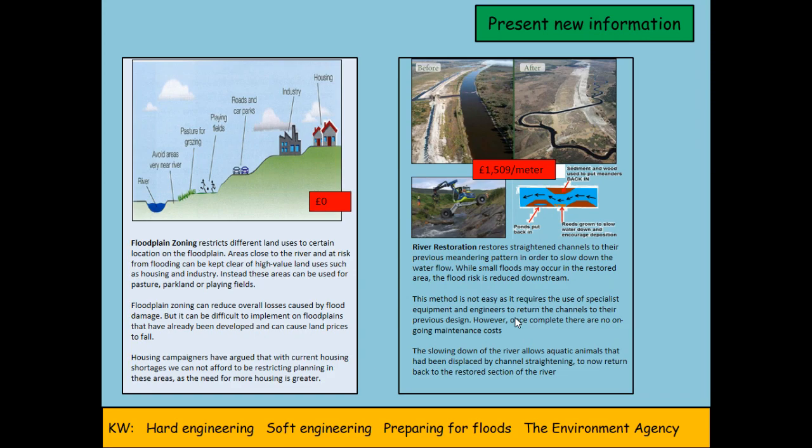It's really like they're counteracting the channel straightening. So if they have done a channel straightening to divert a river, like they've done here, they've then reinstated this curved river and allowed this to dry up. It slows it down, so it stops it flooding downstream.